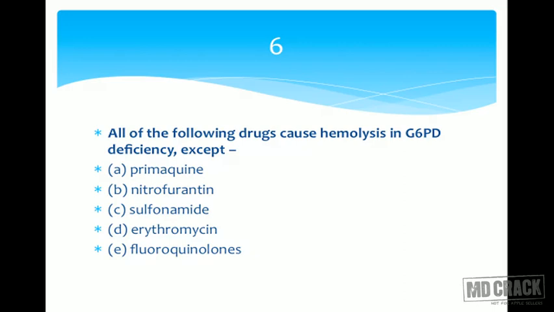So the option which is left out here is option D, and that's erythromycin. We don't have reports about erythromycin producing bleeding in G6PD deficient patients. So the answer to this question is option D, that's erythromycin. All rest drugs precipitate hemolysis in patients with glucose 6-phosphate dehydrogenase deficiency.